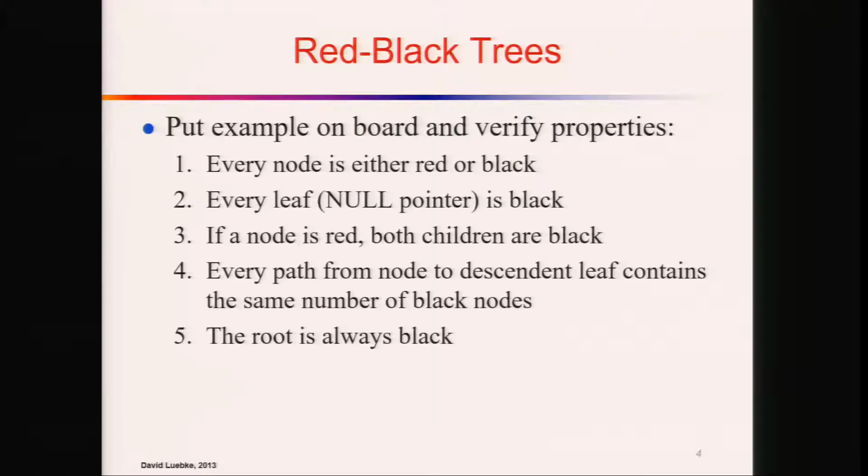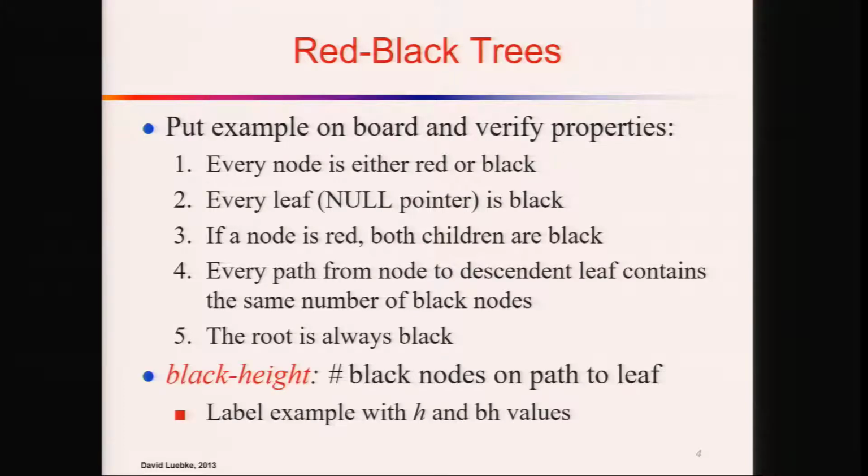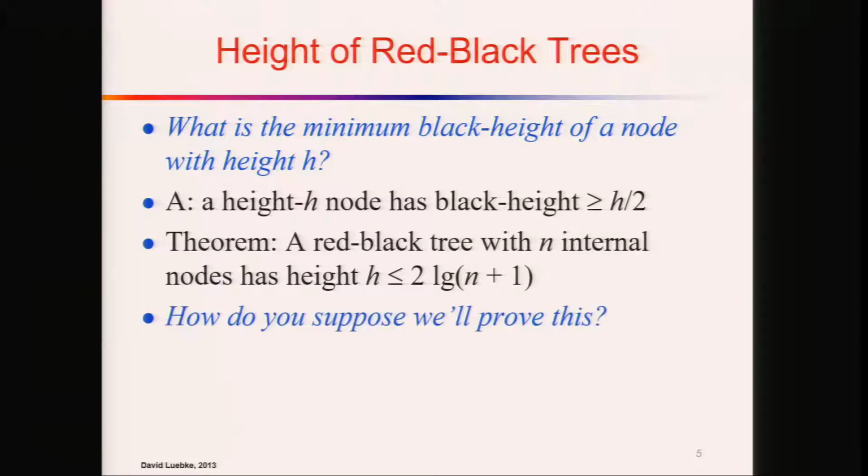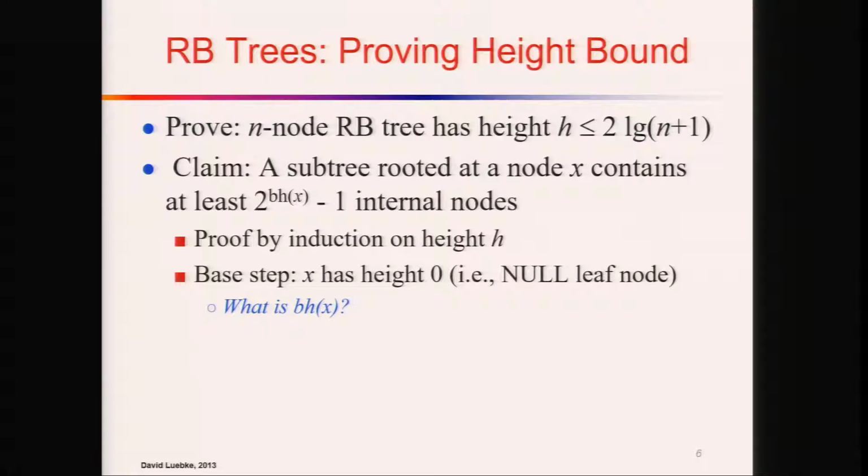Okay, so I'm going to skip through this pretty fast. So here are some properties, right? A height h node has black height greater than or equal to h over 2, where black height is the count of the number of black nodes from the root to that point.